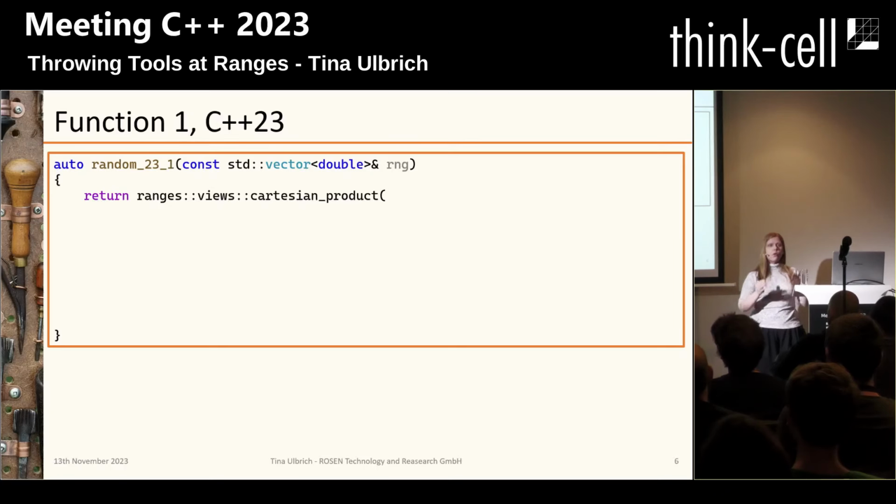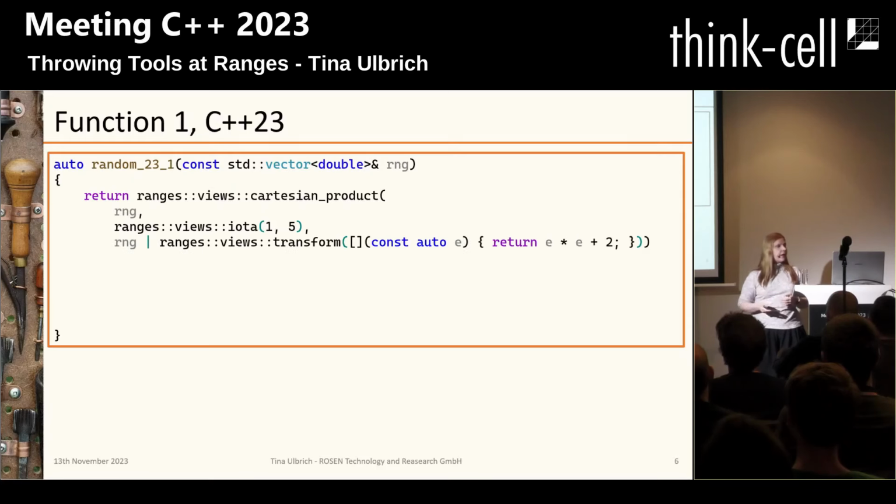It combines all the elements of all the ranges that you put in with each other. The first range that you input is the outermost range from your nested loop. Then the second one, in this case I'm using 3, is the one in the middle. And the third range that you put in is the innermost range of your nested loop.